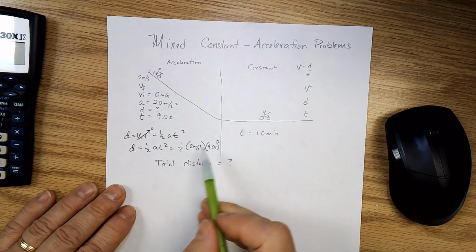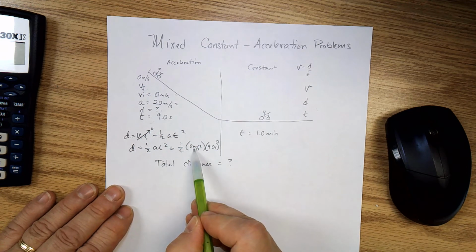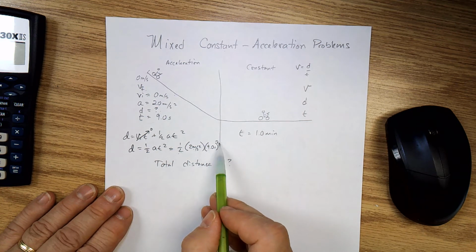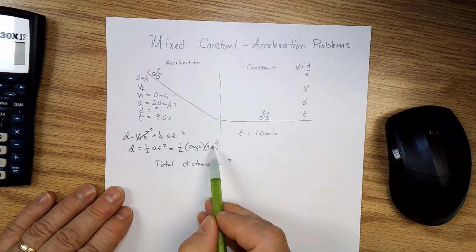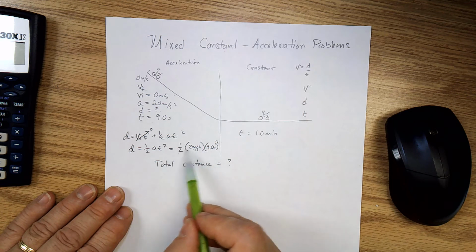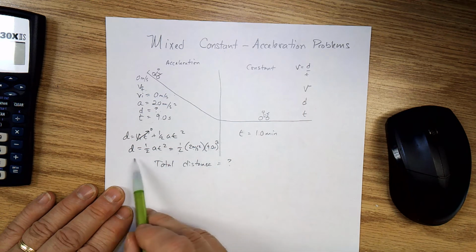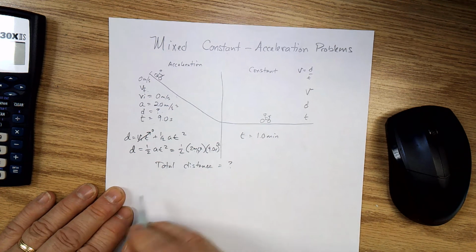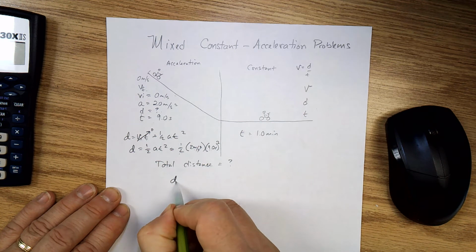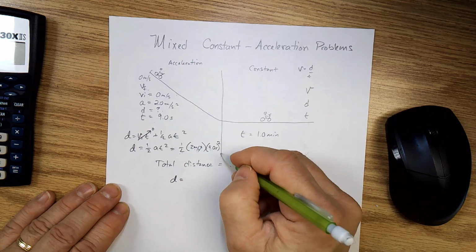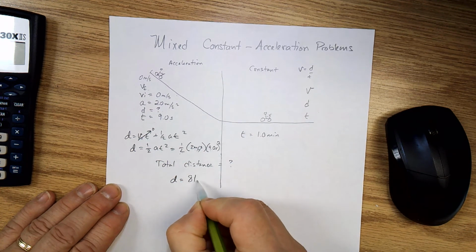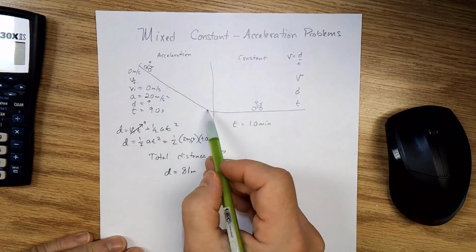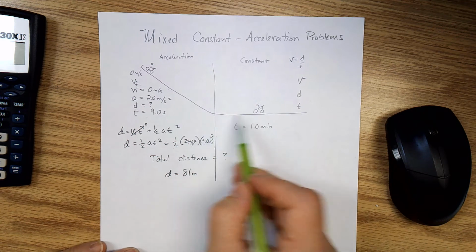Half of 2 is 1, and 9 squared is 81. So 81 times 1 is 81, and since the seconds squared units cancel out, my distance is 81 meters. So D on this side of the problem is 81 meters.